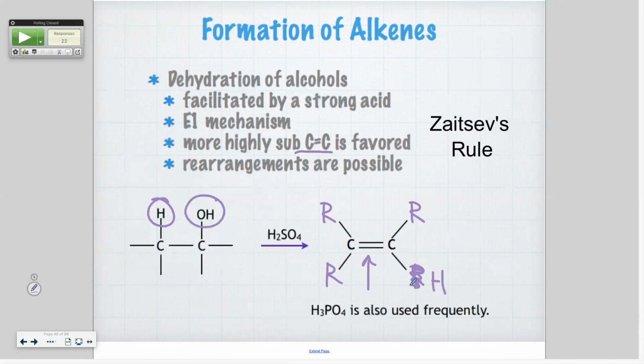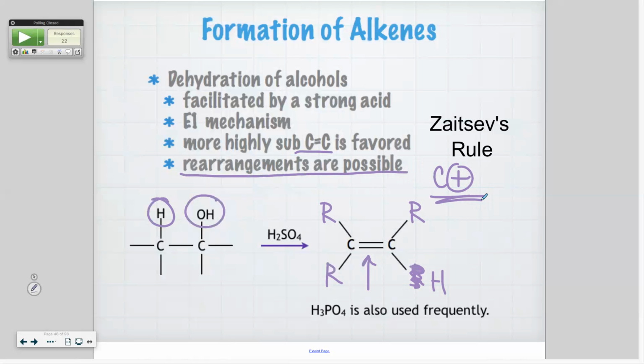See how it works? It's just how many R groups are on there. Okay? And rearrangements are possible. So what does that tell you? How do we rearrange? It's the same way we did before. You have to form a what? Carbocation. Okay? So this tells you that a carbocation is present in the mechanism.